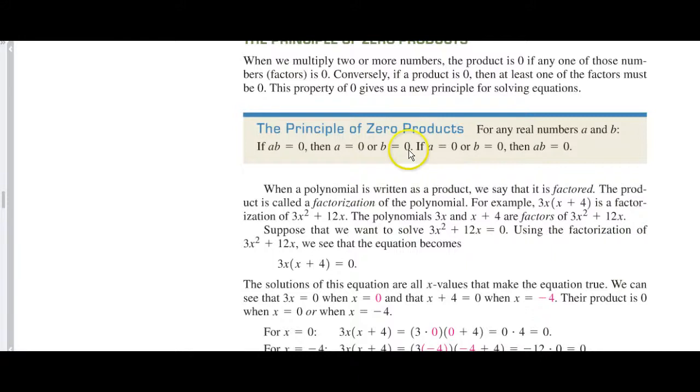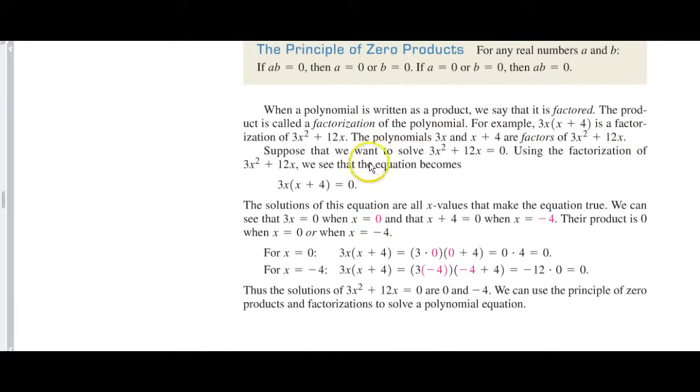So if we can factor something into its factors and have it equal 0, this would be a way of solving quadratic equations. So noticing here, this is a factor of this up here. And if we have this equals 0, we then get this. This would be like our A. These two terms would be like our B.